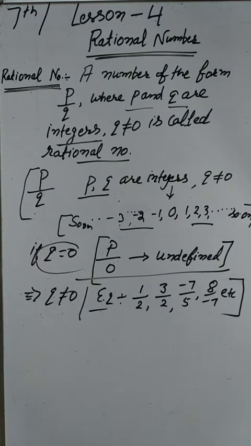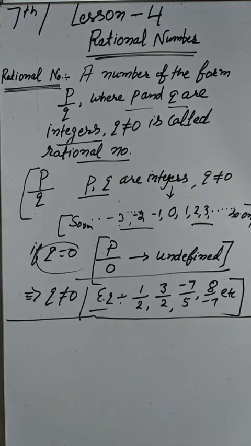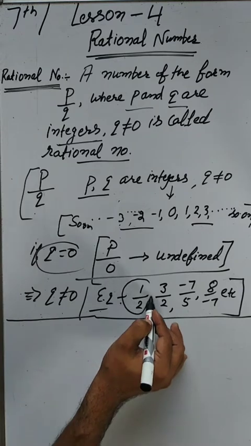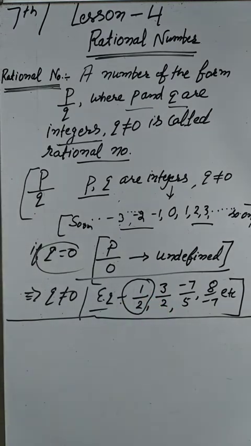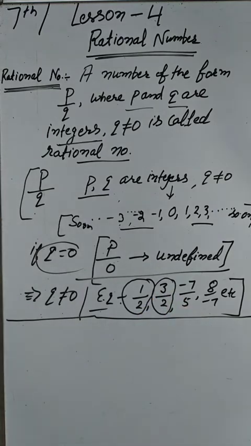Now beta, I'm sure there will be a question in your mind, because you will be thinking that 1 upon 2, 3 upon 2, we have studied these numbers in lesson 2nd, the lesson of fractions.